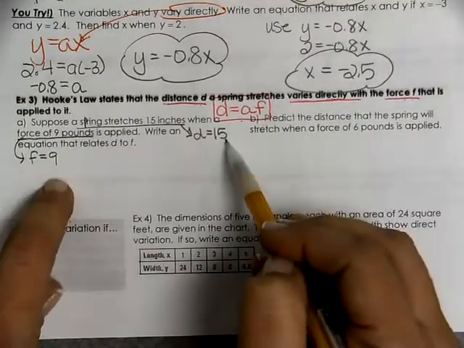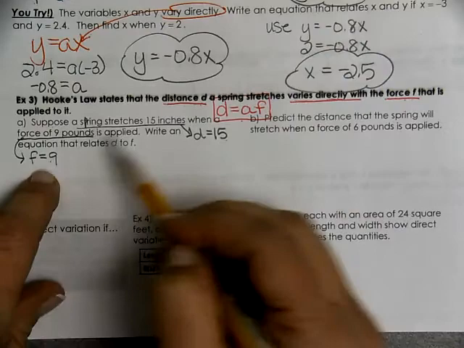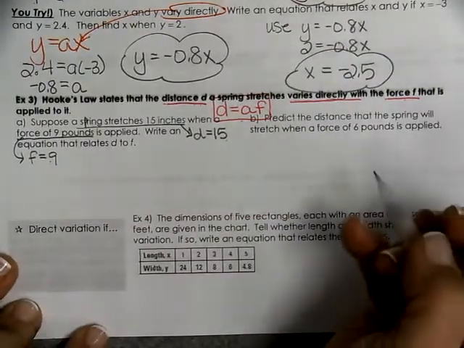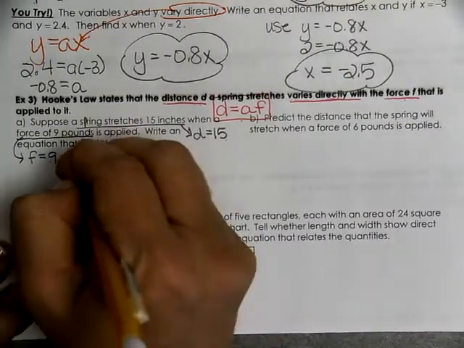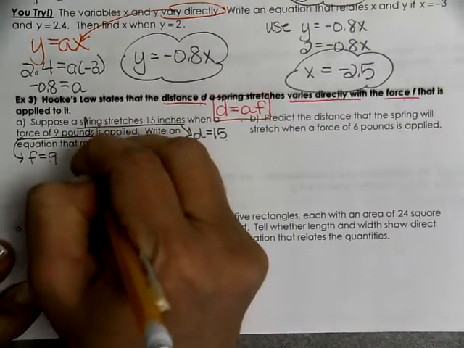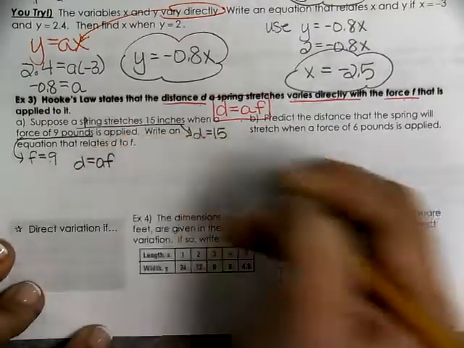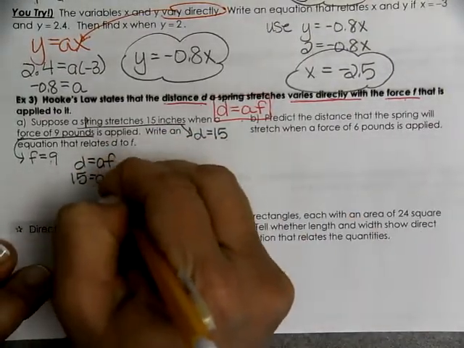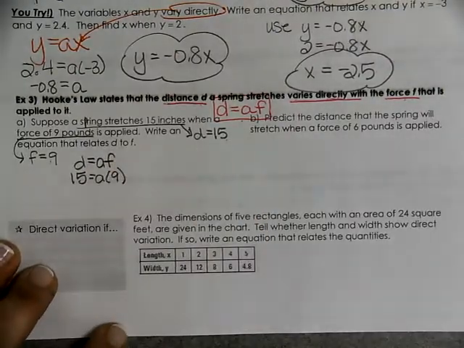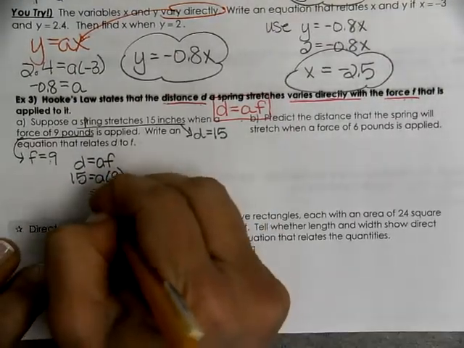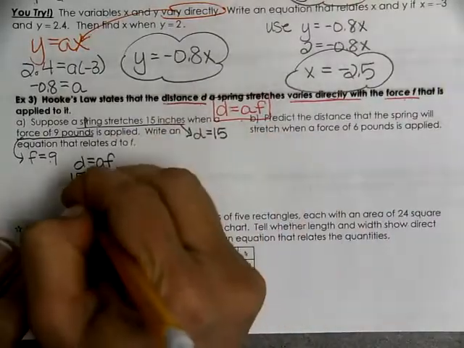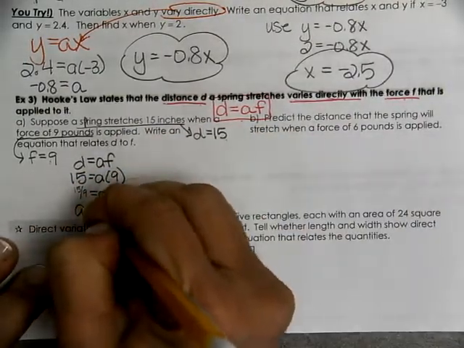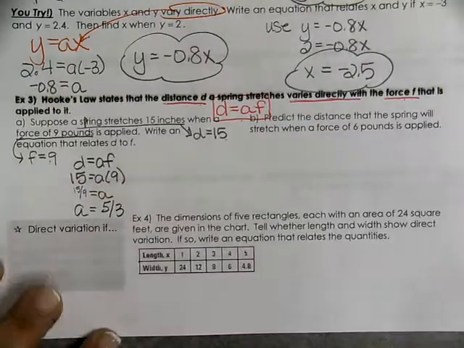And now we have an example x and y, in this case F and d, to put into the equation to find our a value. So again, we're using the idea that d equals a times F. In for d, we can put 15. In for F, we can put 9. And this can help us find our a value. Dividing, we get 15/9, but we see that that can reduce to 5/3.